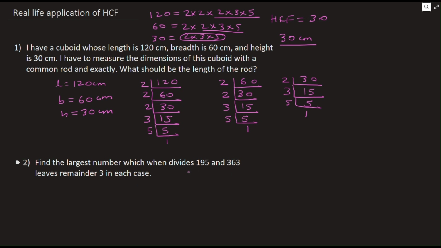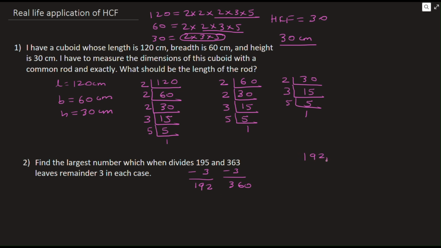So I subtract 3 from these numbers, which gives 192 and 360. I am actually dividing these two numbers by a single number and 3 should be left out as a remainder. So when I add 3 I get these two numbers, right? So basically I have to find the HCF of these two numbers.